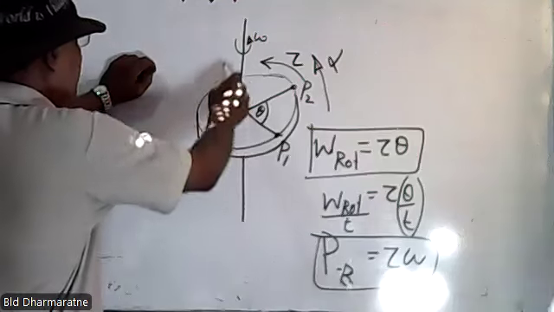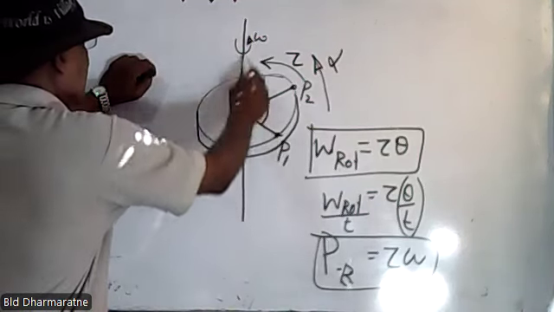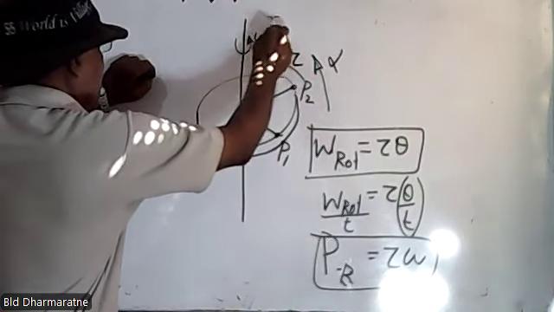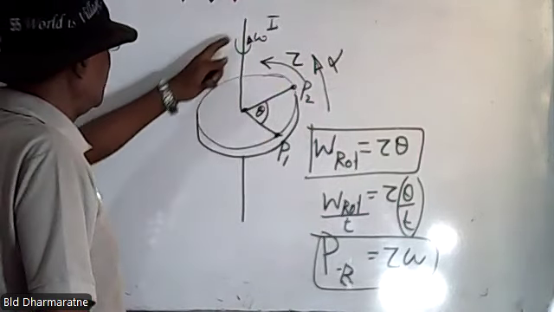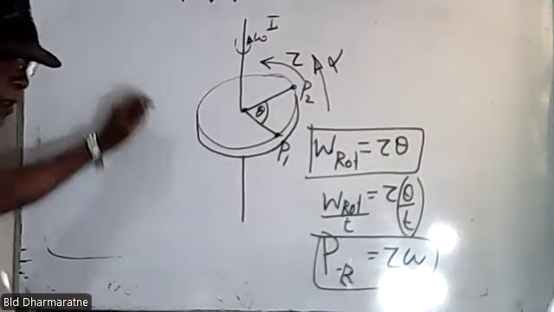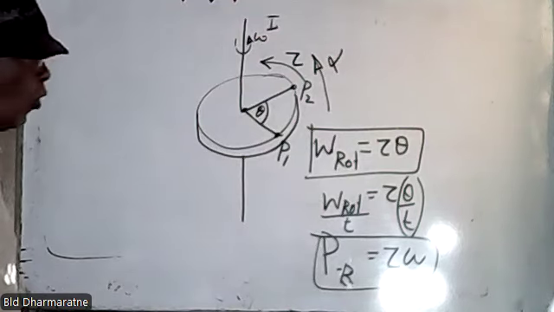The moment of inertia of this disk about this axis we call I. There is a relationship between I, tau and alpha.